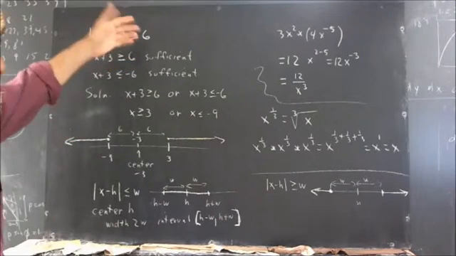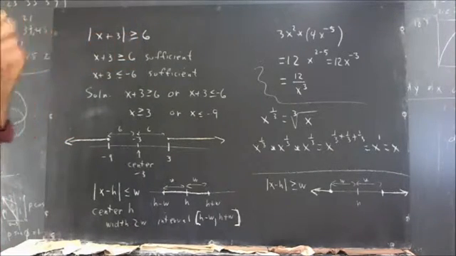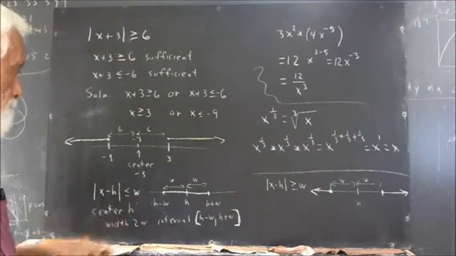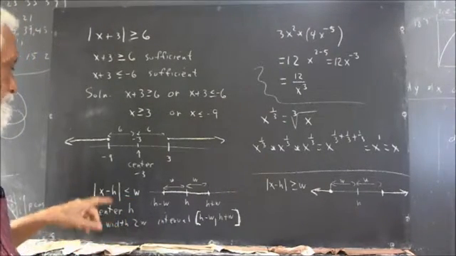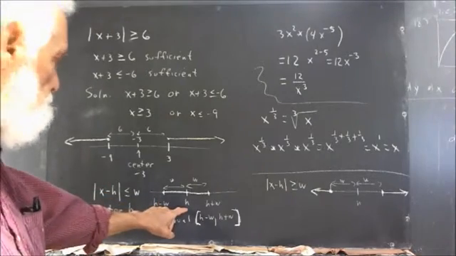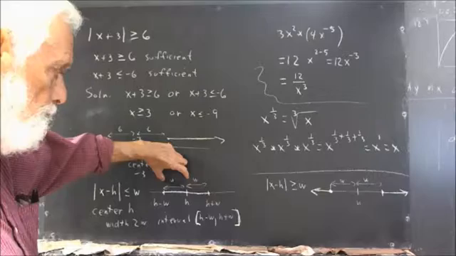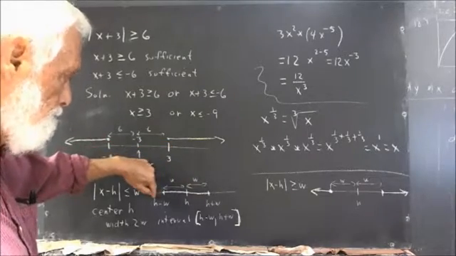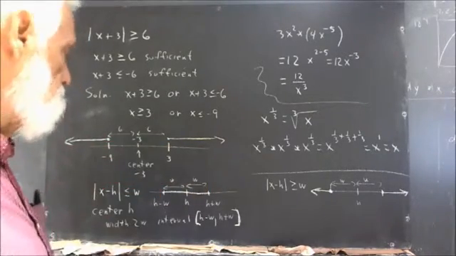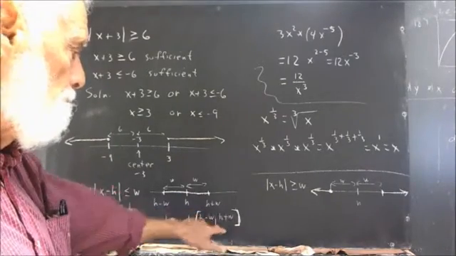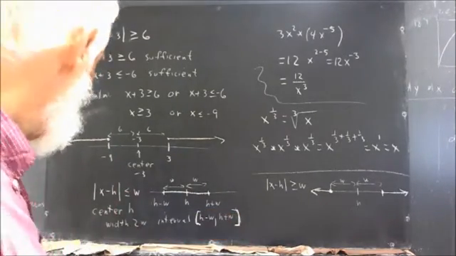Well, that would be like less than or equal to 6, not greater than or equal to 6. But this inequality then has center at x equals h, and extends w units to the right and w units to the left. So it goes from h minus w to h plus w. The interval then in interval notation would be h minus w, h plus w with the brackets.